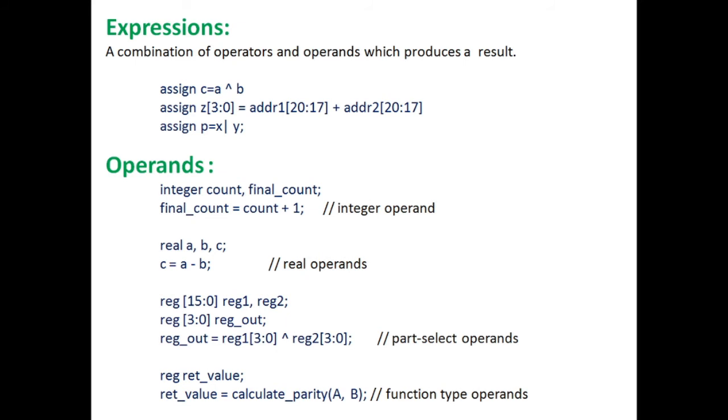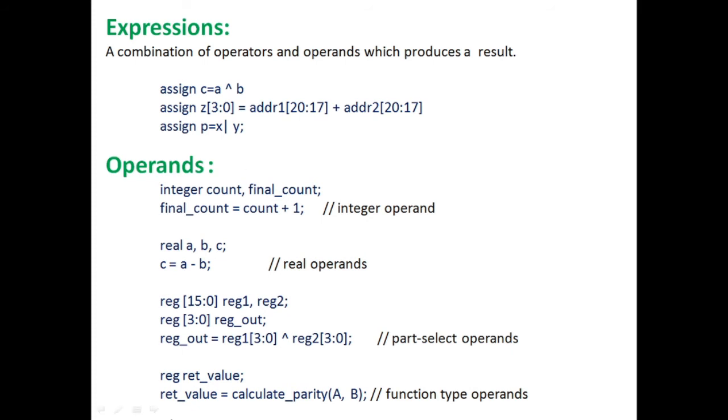Expressions are constructs that combine operands and operators to achieve some desired result. As we know, data flow describes the design in terms of expressions, instead of using primitive gates and connecting them. Everything is defined in terms of expressions, operators and operands.